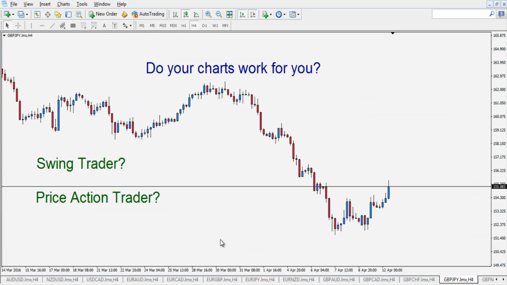And the same thing goes here if you're a price action trader. Do you need all those extra things on the chart, or are you just looking for those patterns that you've studied and that you know work? And are you confusing yourselves with colors and simply not focusing on the price action, which is the sole purpose of being a price action trader?